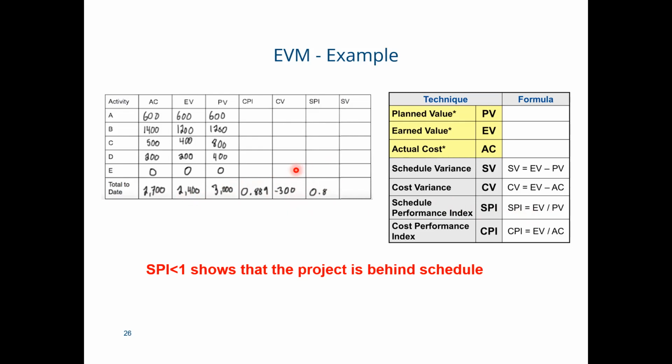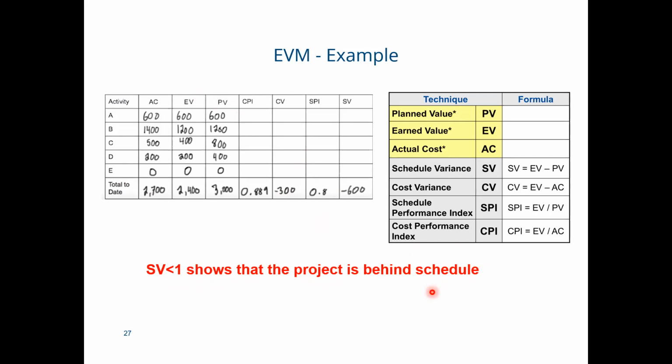Similar to the CPI index, if SPI is 1 or 100%, it means the project is on schedule. If the SPI is greater than 1 or 100%, then the project is ahead of schedule. And if the SPI is less than 1 or 100%, the project is behind schedule. So in our case, the SPI is less than 1, so we can write the comment that SPI is less than 1, which shows that the project is behind schedule.